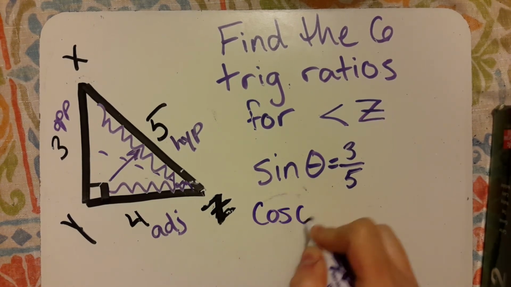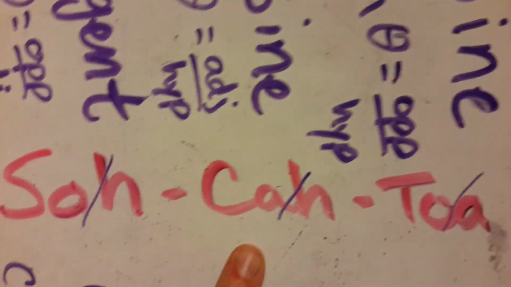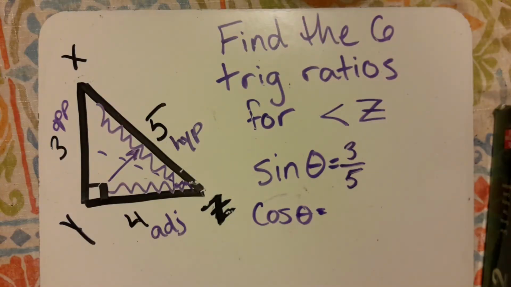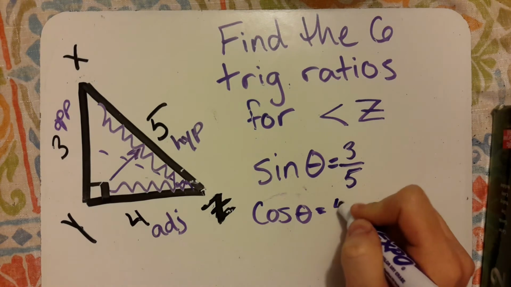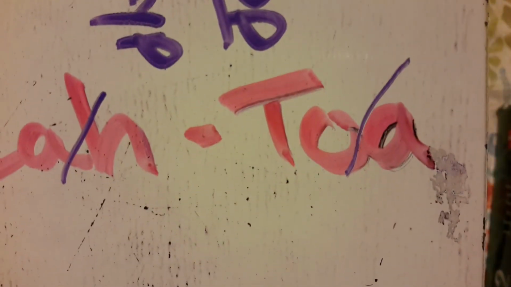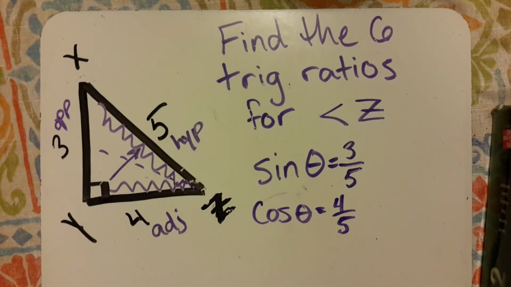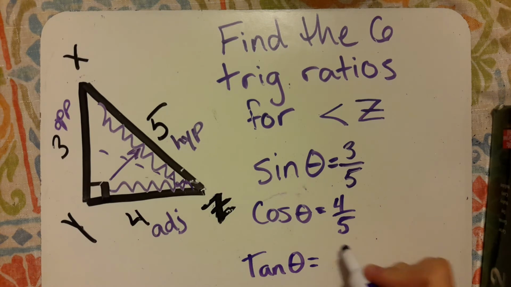Cosine of theta is supposed to be adjacent divided by hypotenuse. So adjacent is 4, hypotenuse is 5. Tangent is supposed to be opposite divided by adjacent. So the opposite is 3 and the adjacent is 4.